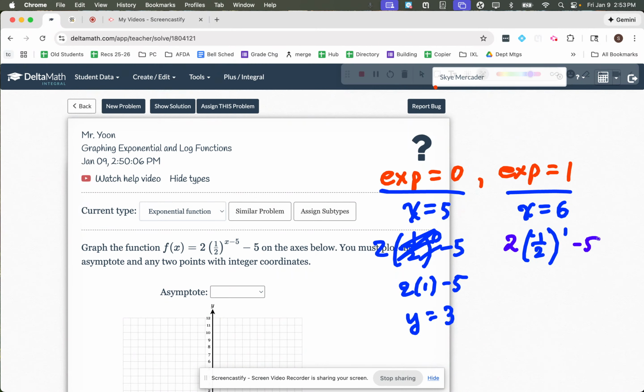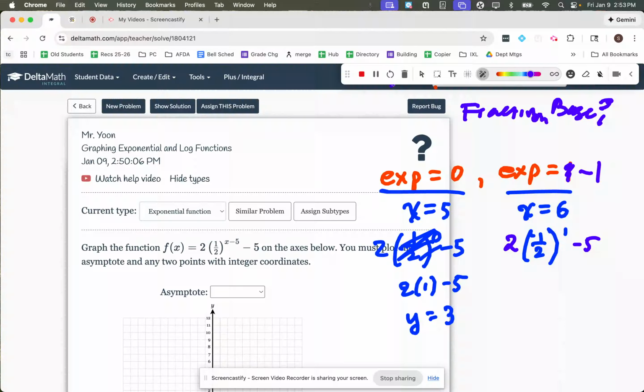In this case, technically, it's going to work out to be a whole number, but a lot of times it's not. Okay. So when you have a fraction base, don't use that. Use -1. Make the exponent -1.